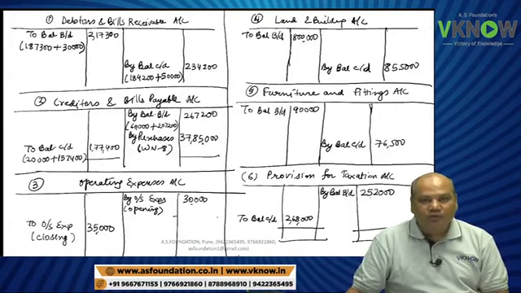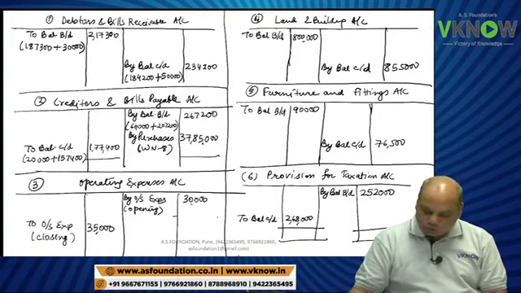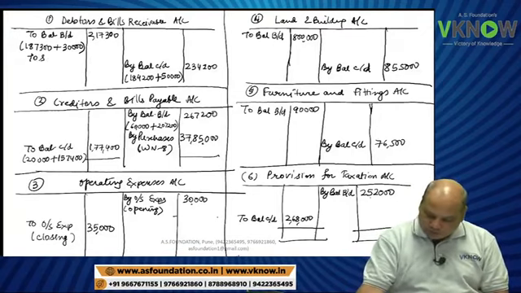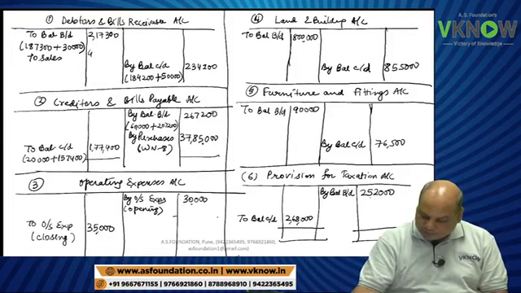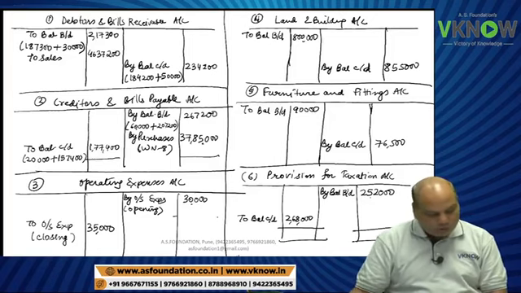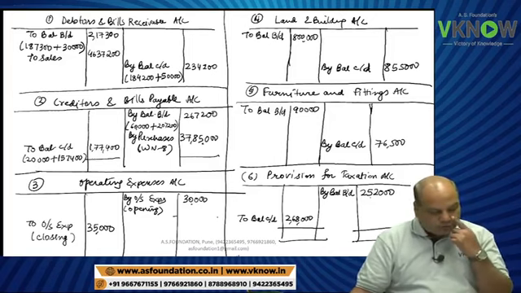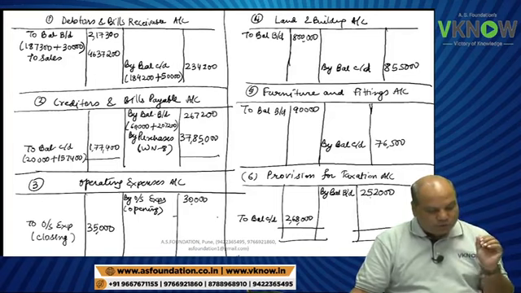Working note 1, debtors. Sales: to sales 46 lakh 37,200. Cost of goods sold we have used. Gross profit not required.